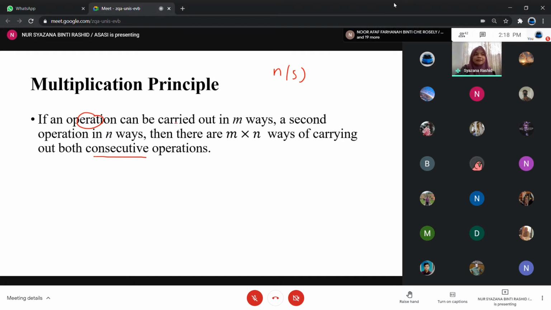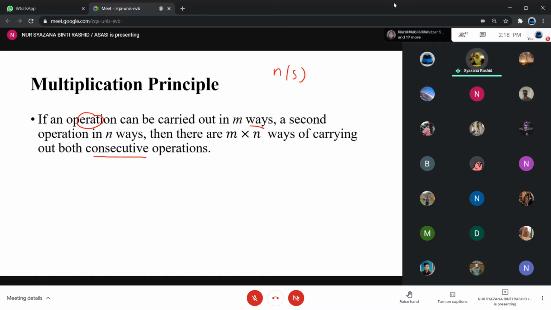So first trial can be carried out in m ways, 2 ways or 2 outcomes. So trial tadi ataupun 2 cara. So ways dekat sini, kalau kita relate balik dengan eksperimen yang I bagi tadi, example I bagi tu, m is equals to 2.